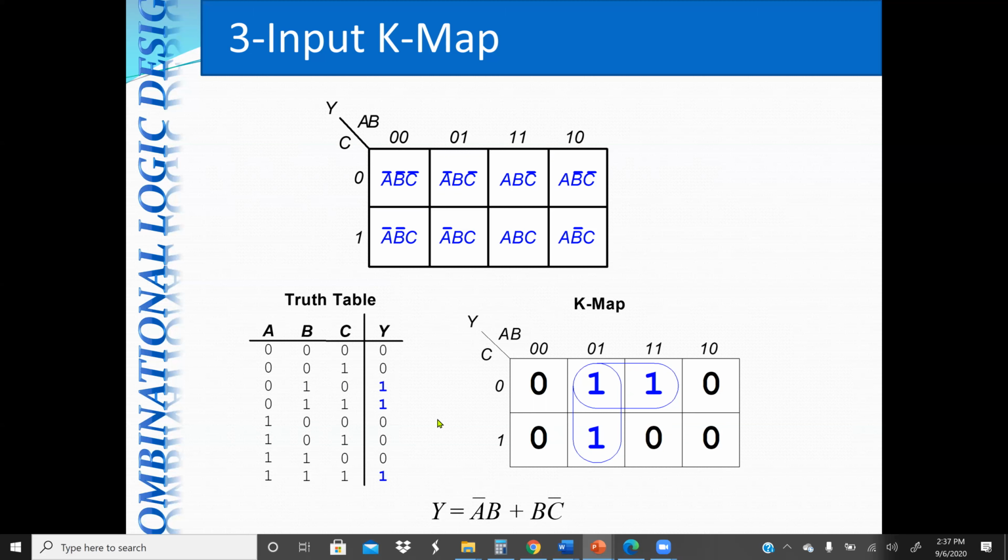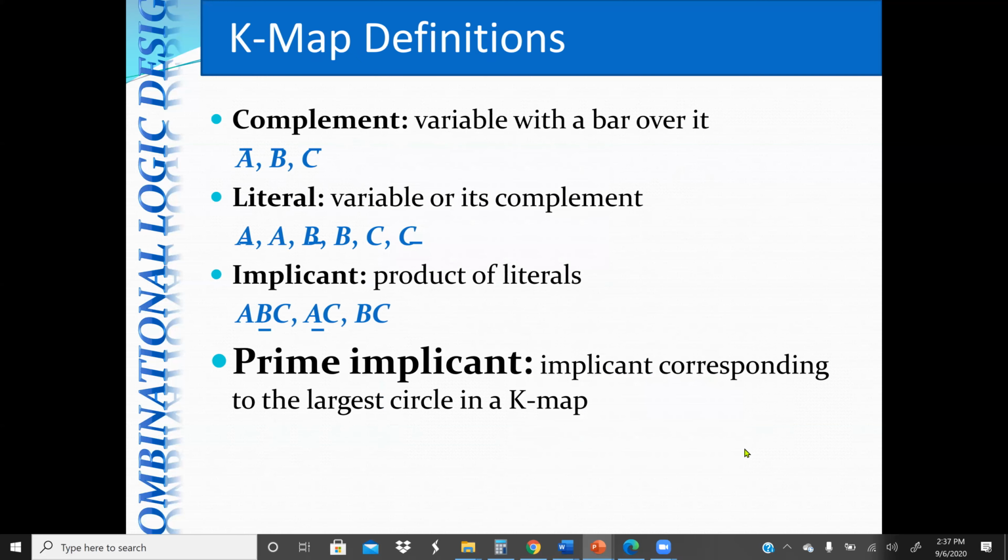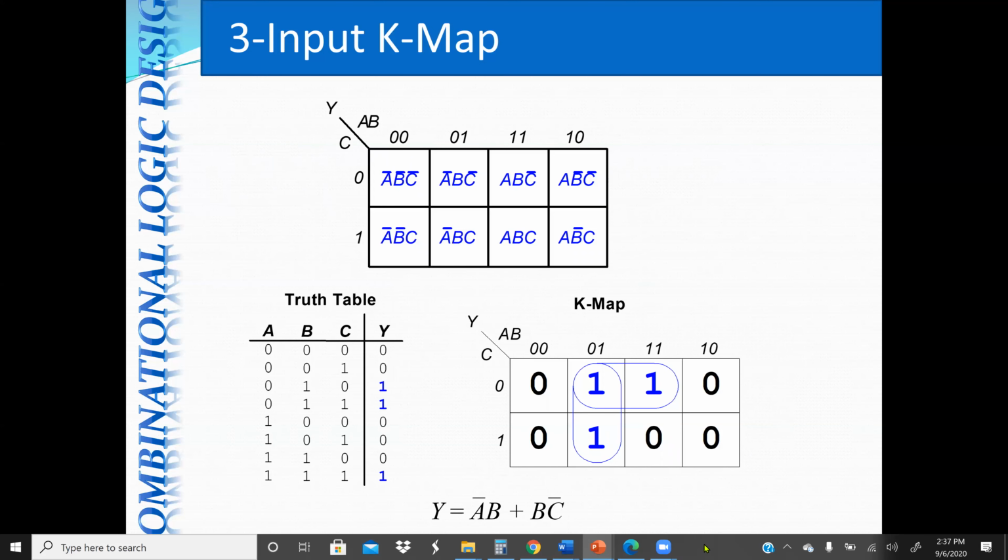With a Boolean identity, we can reduce it to where we have it here, again A invert B plus B C invert.